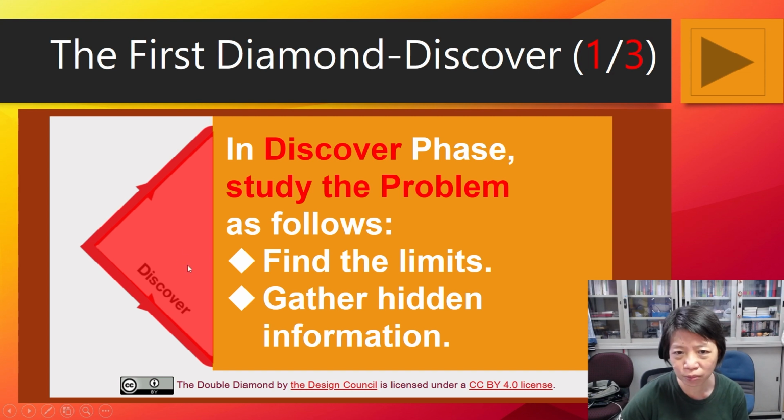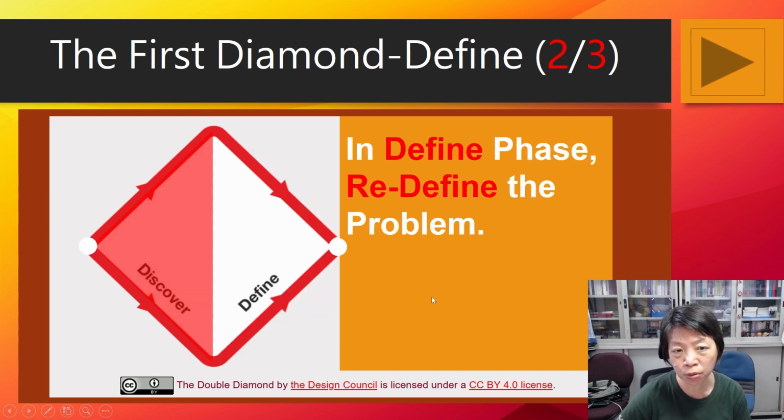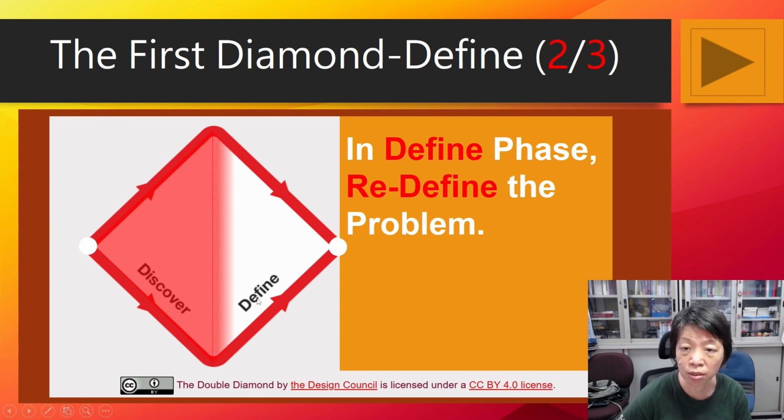So how to conclude? So we go to the next phase, define. In the define phase, we'll redefine the problem. That is, when I gather many things here in the discover phase, we must condense it to a single well-defined problem, like this way.